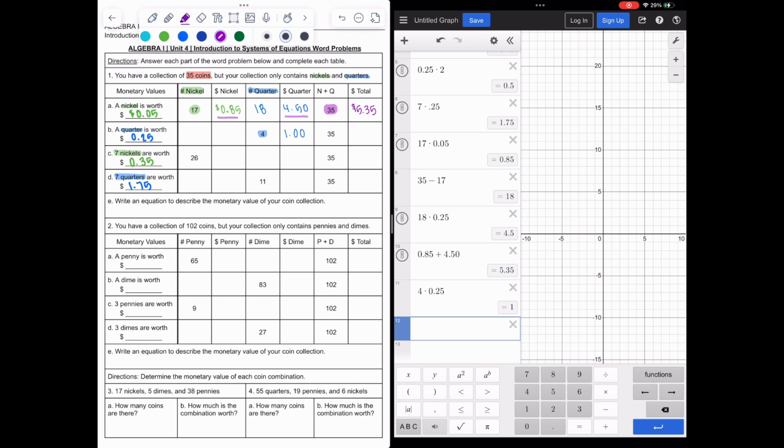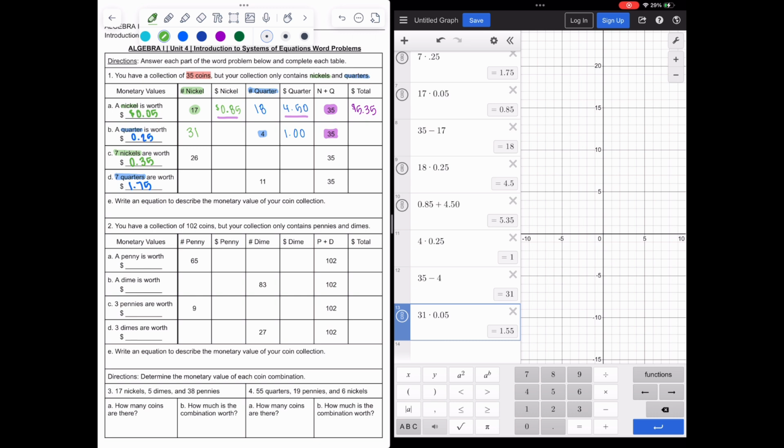Now, if my collection has 35 coins in it, and I know that 4 of them are quarters, if I subtract those 4 quarters out from the collection of 35 coins total, then I know that there are 31 nickels in this particular collection. I also know the individual value of each nickel is 5 cents.